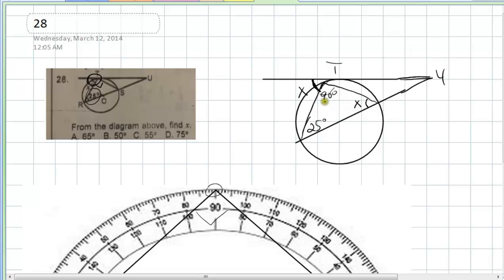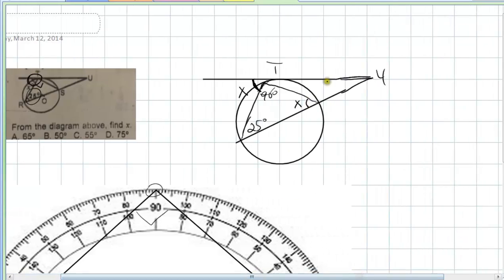These two angles are exactly the same. And so this is really lucky for us because that means that we can just go ahead and set up a really simple equation where I say 25 plus 90 plus x is going to equal 180, because that's how many degrees there are in a triangle. And then we can just solve for x and that'll give us our answer.